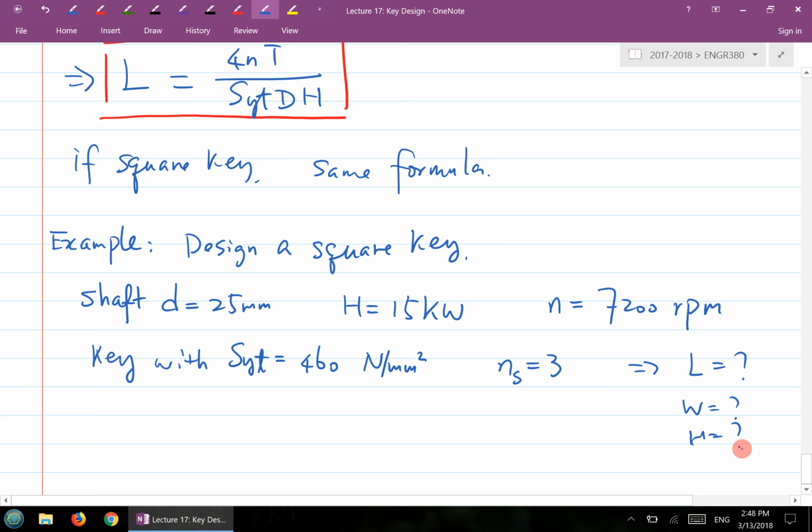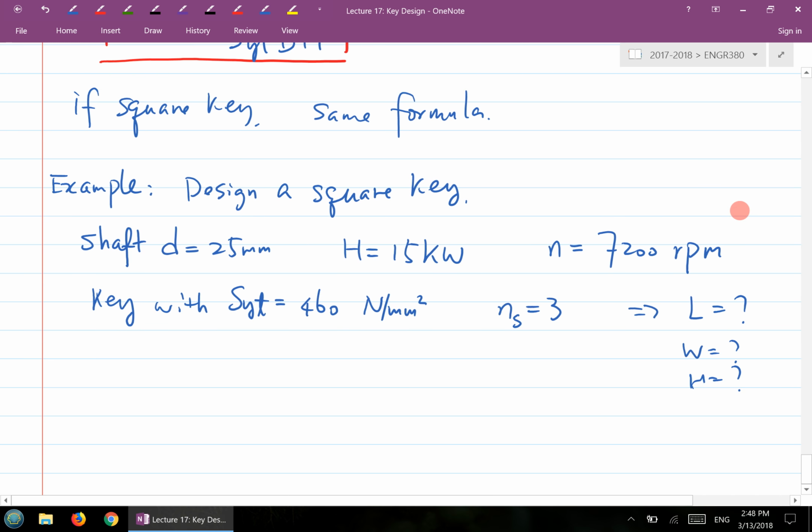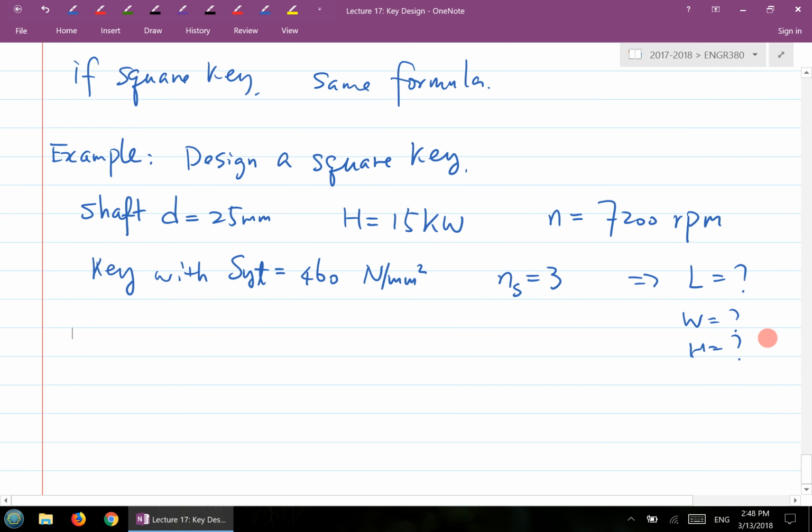Before we do this calculation, we need a few more parameters. What we have here is the power being transmitted, 15 kilowatts, and the RPM. We were not given the torque, so we need to calculate the torque first. Torque is basically the power over omega.